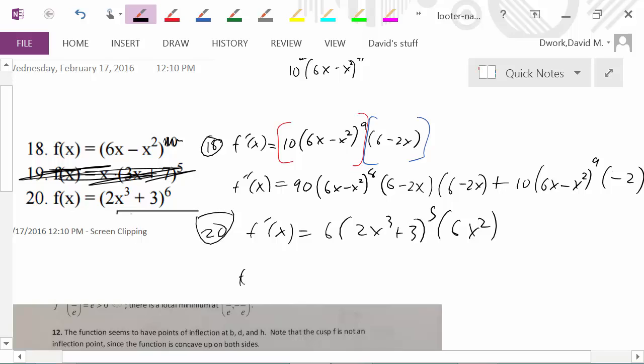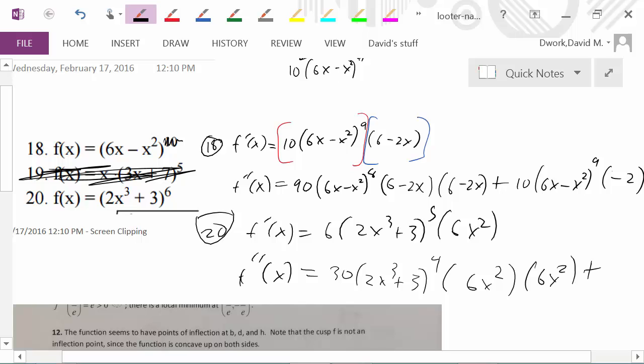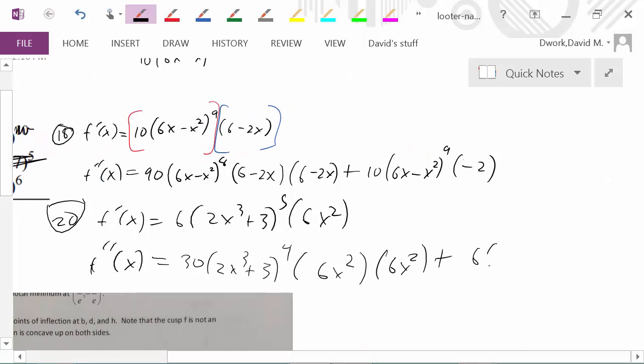Then the second derivative would be 30 times 2x cubed plus 3 raised to the fourth times the derivative of the inside, which would be 6x squared. Leave the other term alone, plus, now leave this alone, 6 times 2x cubed plus 3 raised to the fifth times the derivative of that, which would be 12x. So there you go. I believe that would be your second derivative for 20.